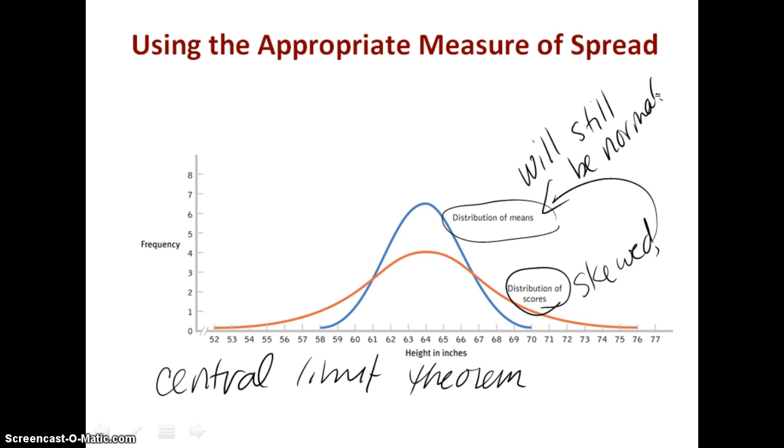So we're still able to use what we know about the distribution of means for computing the Z statistic. A z-statistic has to do with this distribution of means, while a z-score has to do with an individual score.